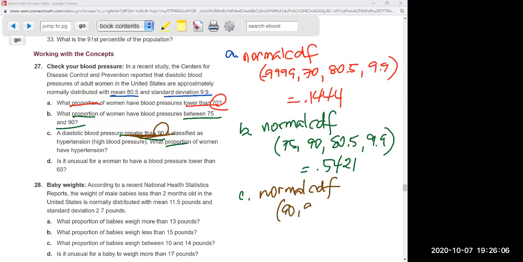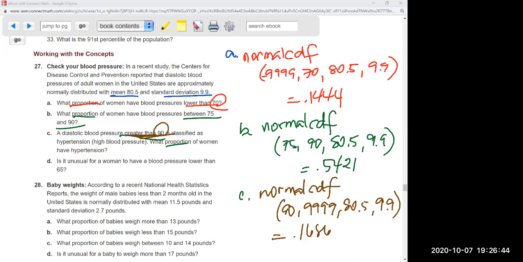So definitely your upper. Let's say use 999 and 80.5, 9.9. Answer. .1686, yeah.